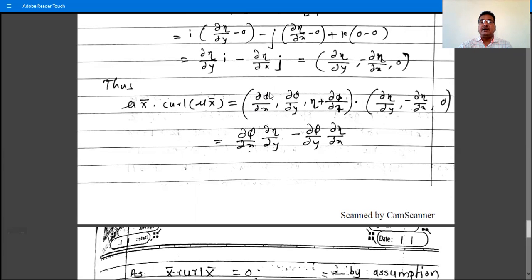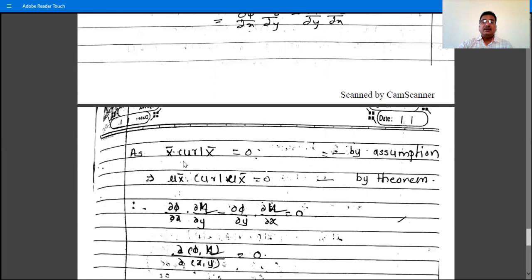Multiplication of the coefficient of i: ∂φ/∂x into ∂ν/∂y, plus ∂φ/∂y into minus ∂ν/∂x, which is minus ∂φ/∂y ∂ν/∂x, and this into 0 is 0. So as x̄ · curl x̄ is 0, this is our assumption, and therefore μ x̄ · curl μ x̄ is 0 by the previous theorem.